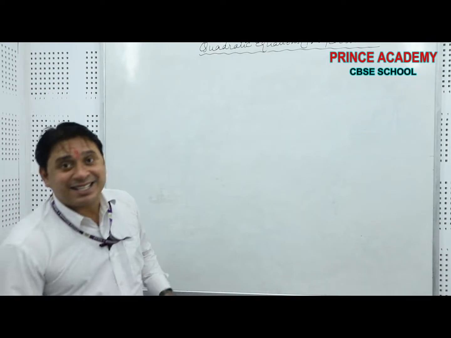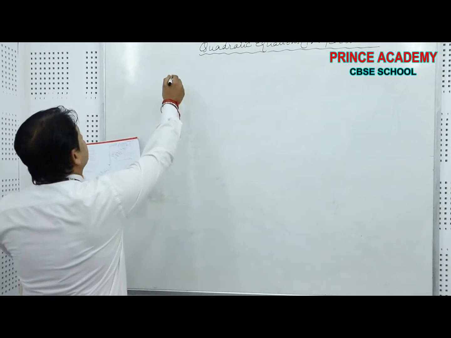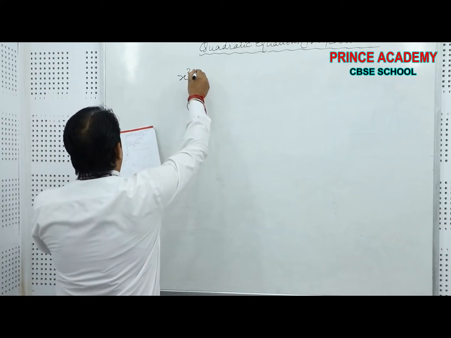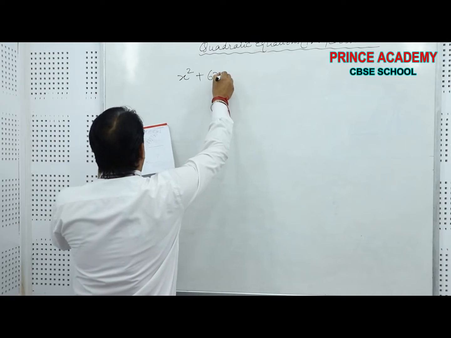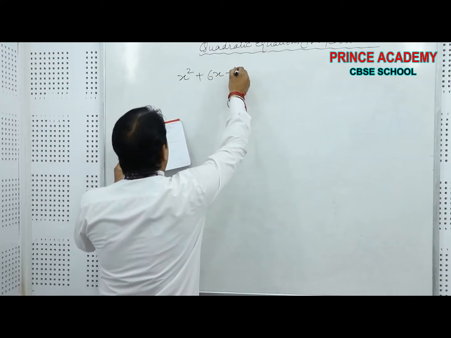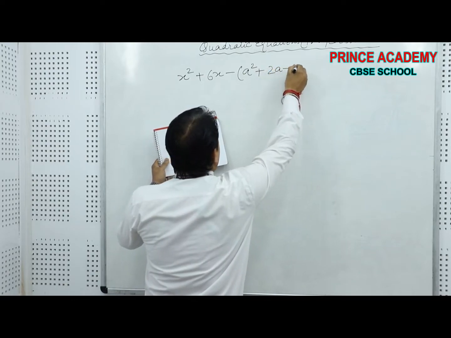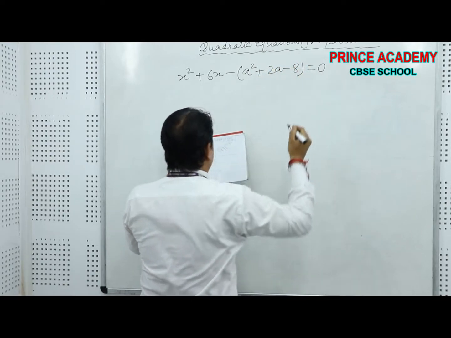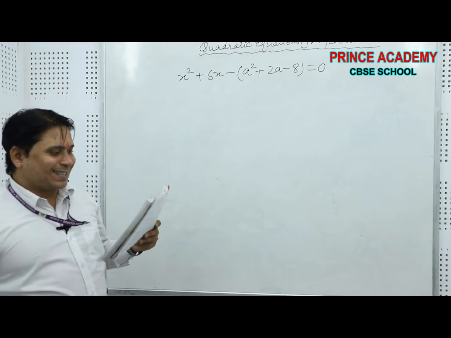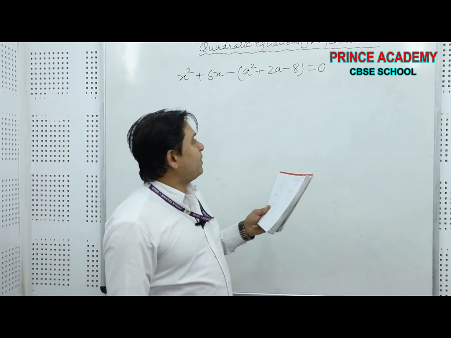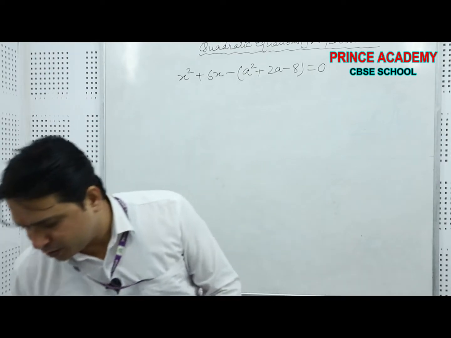See, once again the same kind of equation is there, x square plus 6x minus a square plus 2a minus 8 is equal to 0.